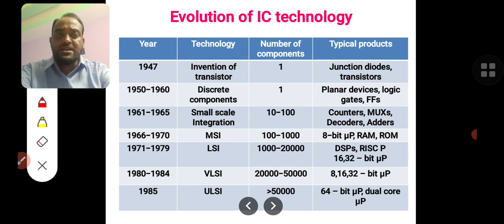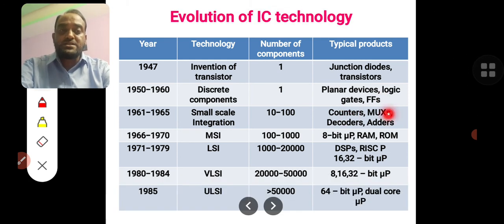After 1960, till 65, small-scale integrated SSI chips were developed, where 10 to 100 devices can be accommodated, which helps you have counters, multiplexers, decoders, and adders.